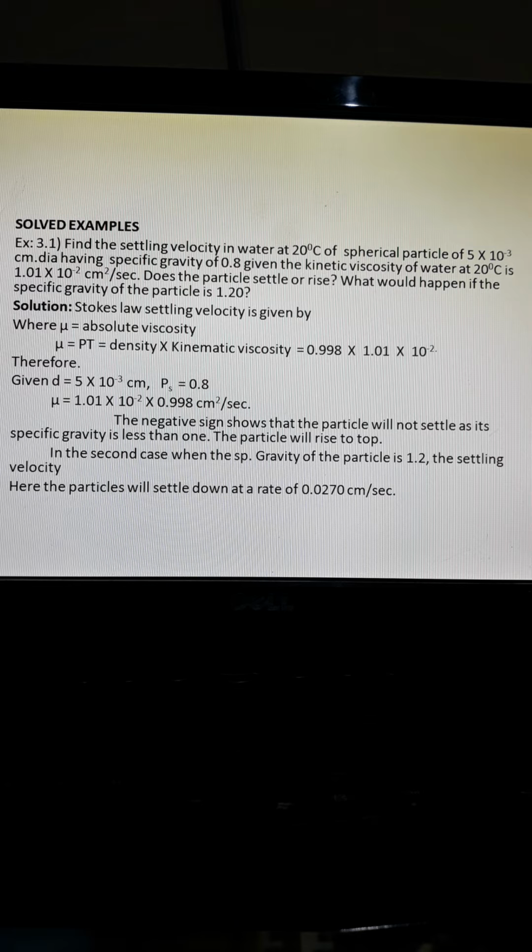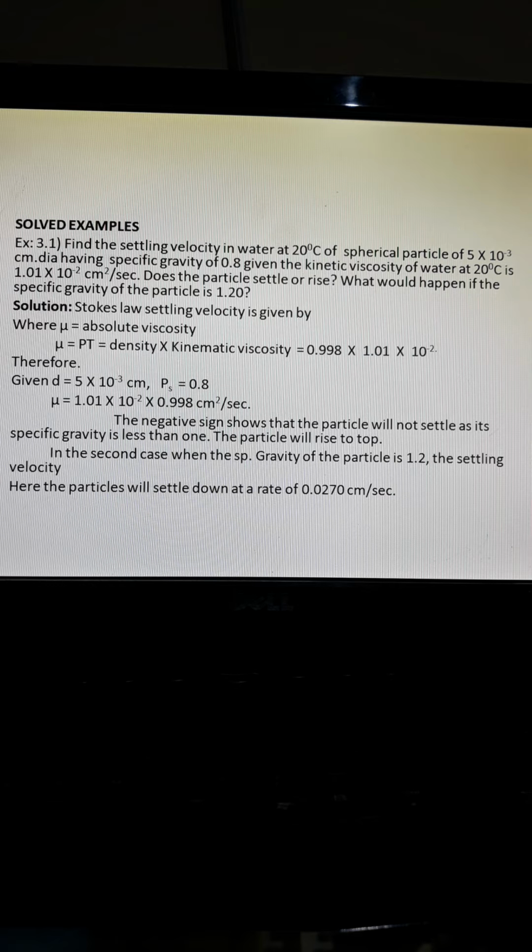So kinematic viscosity is 1.01 into 10 power minus 2 at 20 degrees centigrade, and density is 0.998. The diameter is given, that is 5 into 10 power minus 3 centimeter. Rho s, the density of the particle, is 0.8. So mu is given by density into kinematic viscosity, that is 1.01 into 10 power minus 2 multiplied by 0.998 square centimeters per second.